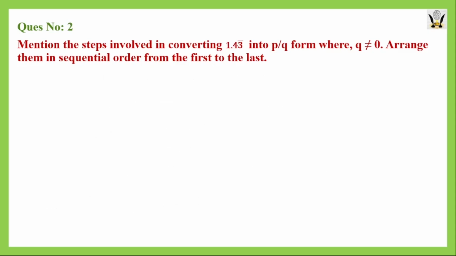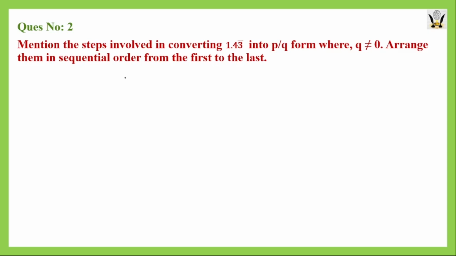Now in this second problem also we have to mention the steps involved in converting this given recurring number into its equivalent rational number. Now the number here is a bit different from the previous one. Here before the decimal point we have a non-zero digit, and after the decimal point we have two digits, among which one is non-recurring and the other one is recurring.